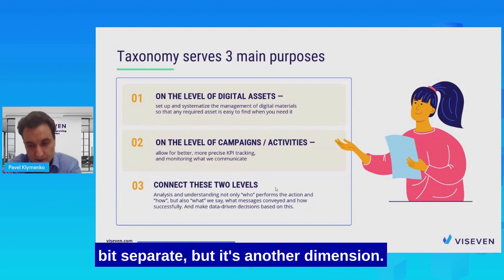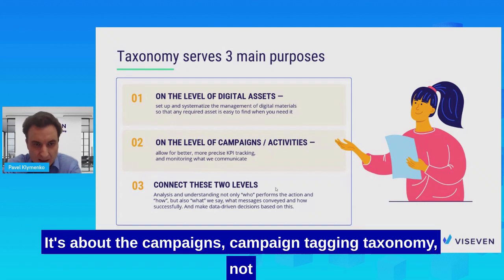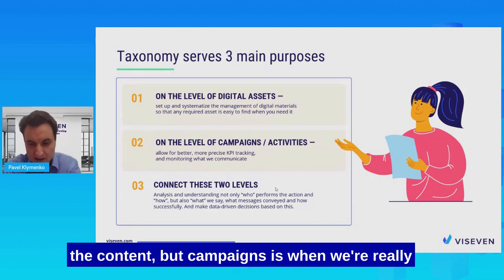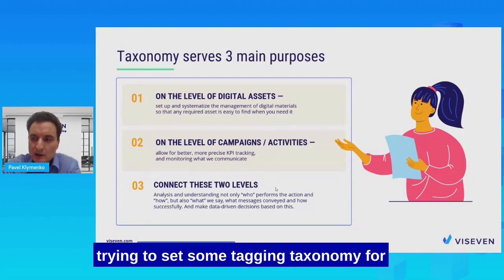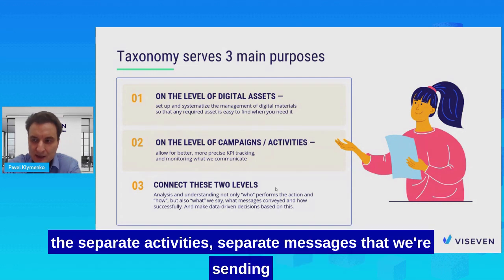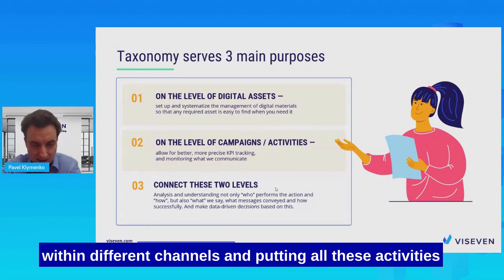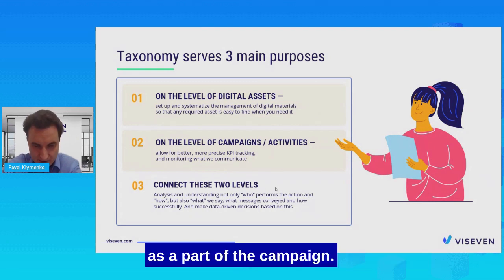The next level is a little bit separate, but it's another dimension. It's about campaign tagging taxonomy, not the content, but campaigns, when we're thinking about the campaign as a whole and trying to set tagging taxonomy for the separate activities, separate messages that we're sending within different channels, and putting all these activities as a part of the campaign.